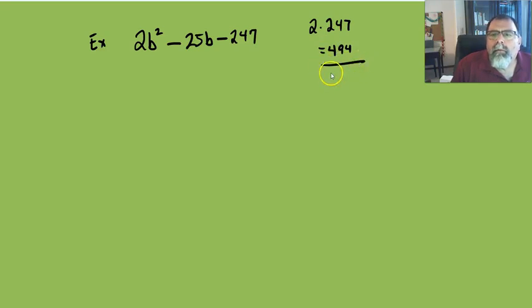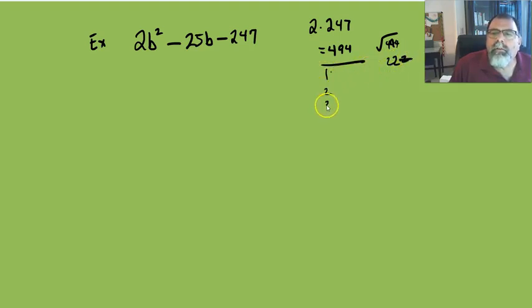Okay, use a calculator. The square root of 494 is about 22.2, so I'm going to stop at 22.